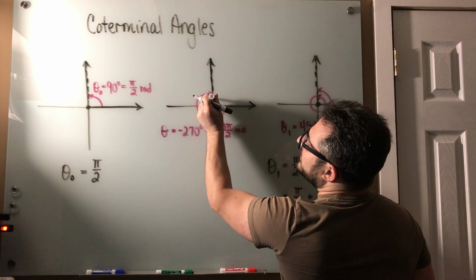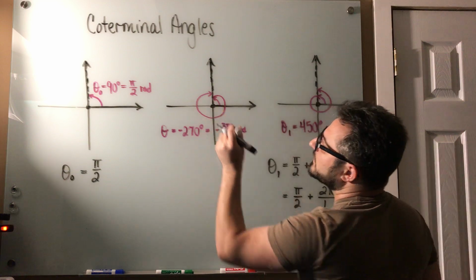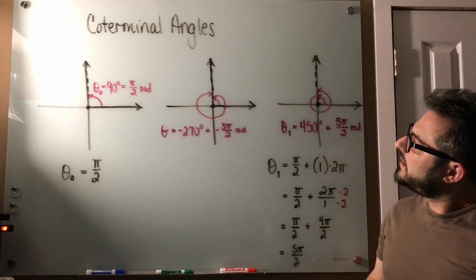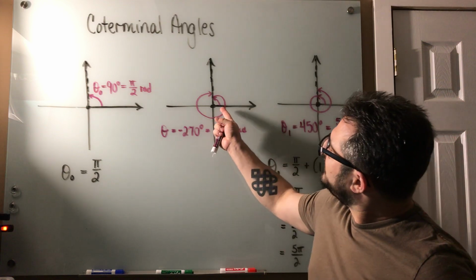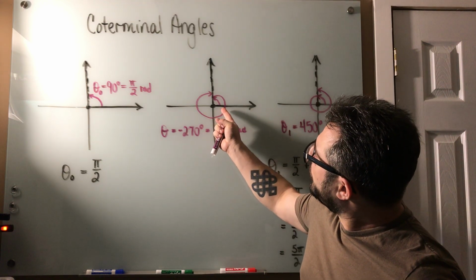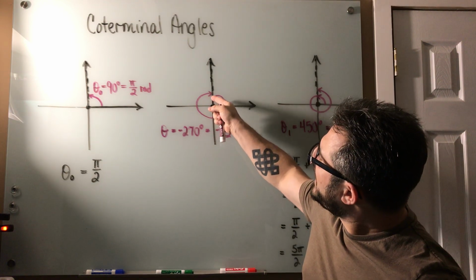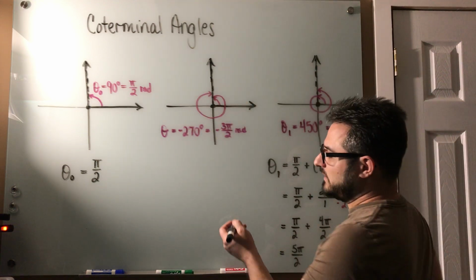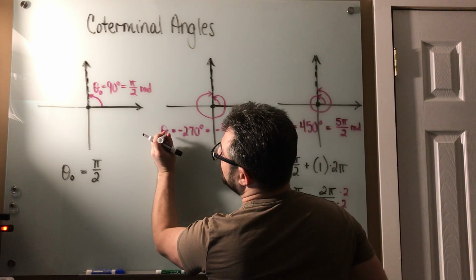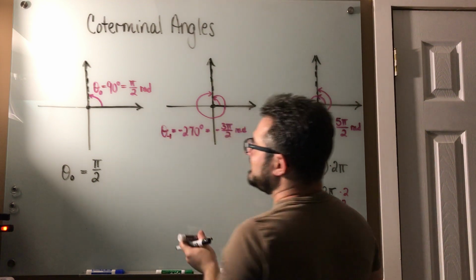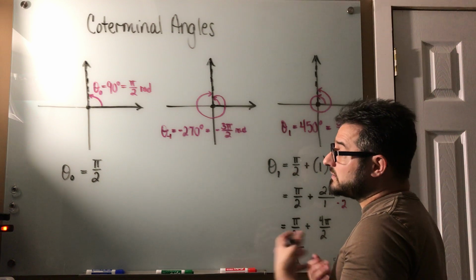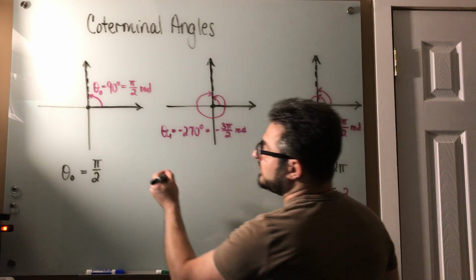And then from there, we do our full rotations. So in this case, we have to think of it as if we went to the pi over 2 and then did a single negative rotation.